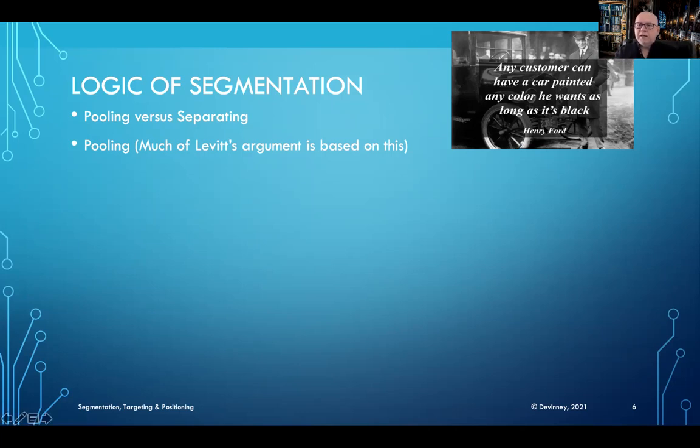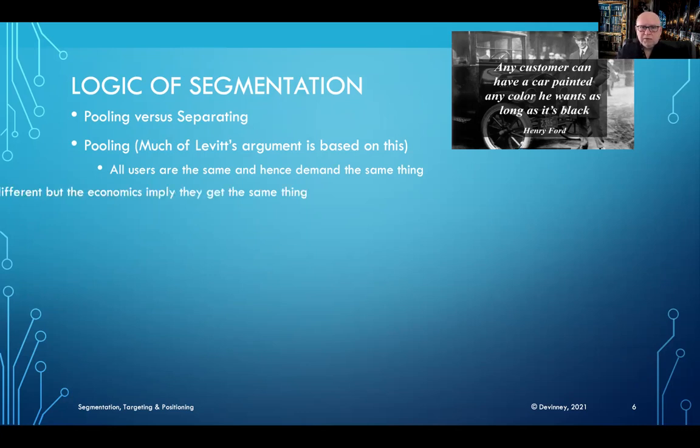So in this example by Henry Ford, a customer can have a car painted any color he wants as long as it's black. Effectively it treats all the users as the same, and hence the demand is the same. It may be that the producer knows that all customers aren't the same, but it doesn't have any way of distinguishing amongst those customers.